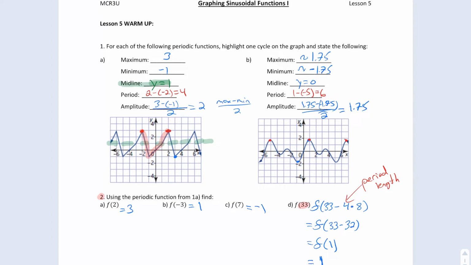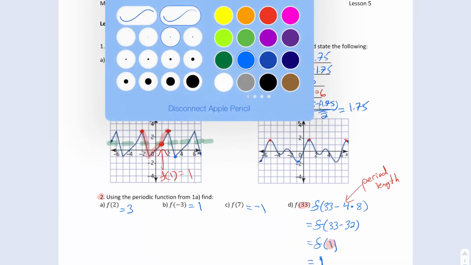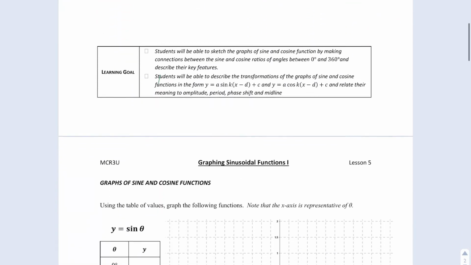You could use 7, you could use 6 maybe, but you have to do 4 times a certain number in order to get back onto the graph where you can see a point. Ultimately I got f at 33 minus 32, which becomes f at 1. And if you go to the graph, f at 1 is here. So f at 1 is equal to 1. That's the y value when x equals 1. So just a little thing you have to watch out for there.